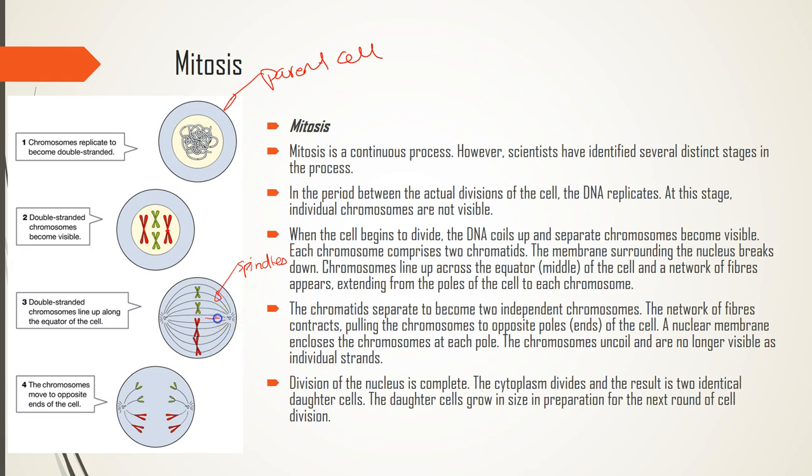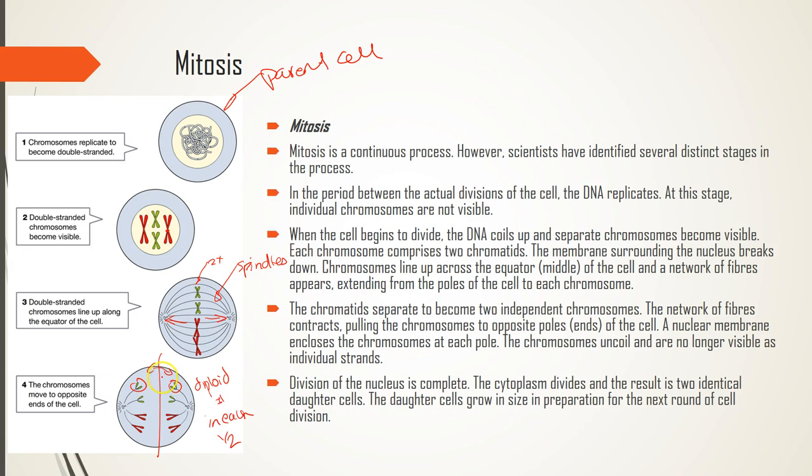Then slowly these get pulled each way, and when they pull, they actually take half of each of these X's with them. Okay, so given that this is 2 times the normal amount of DNA, when this splits up, we get a normal diploid number of chromosomes in each half.